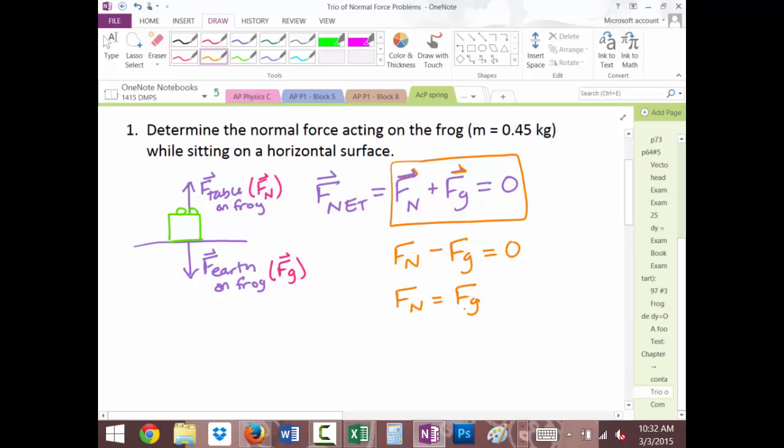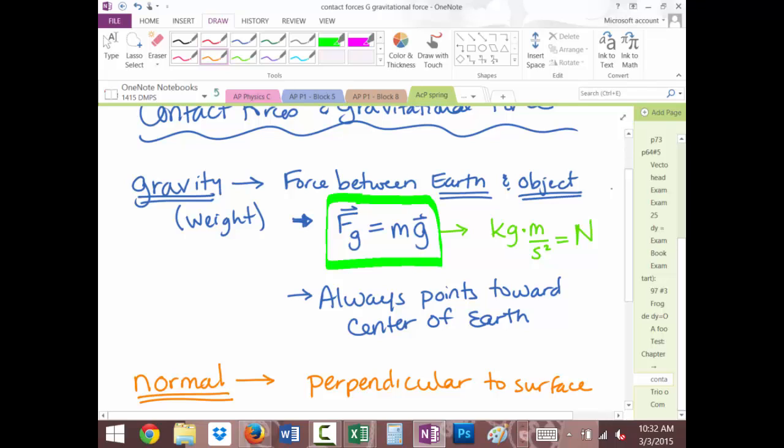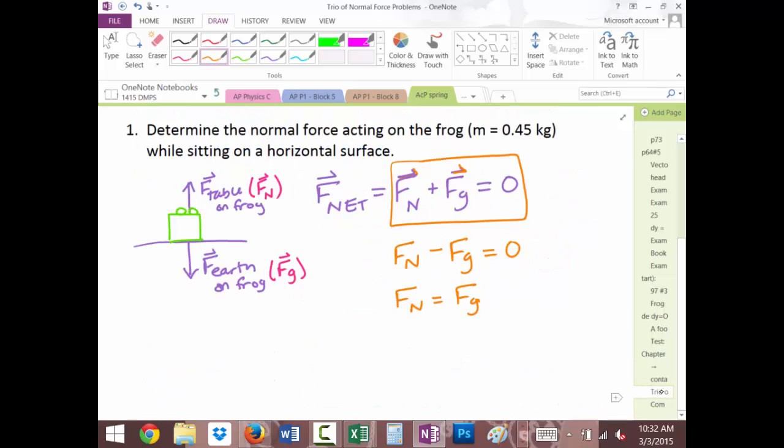Do I know how big Fg is? I can figure it out, can't I? Because Fg equals, what was it? I don't remember. Boom. mg? Is that okay? So we can say that Fg is equal to mg. I've already taken the negative into account, so I don't need a negative sign anymore.